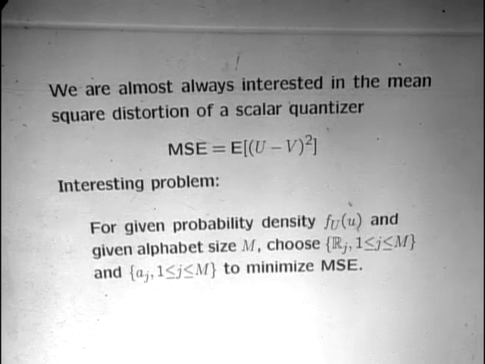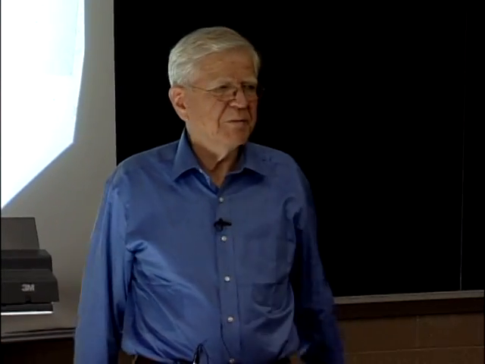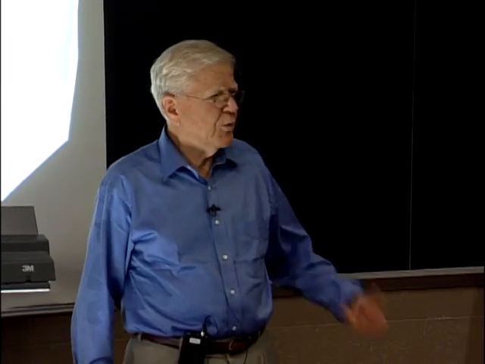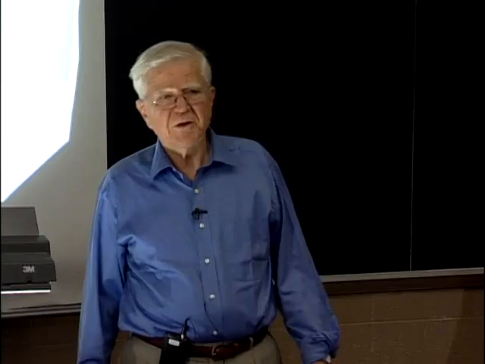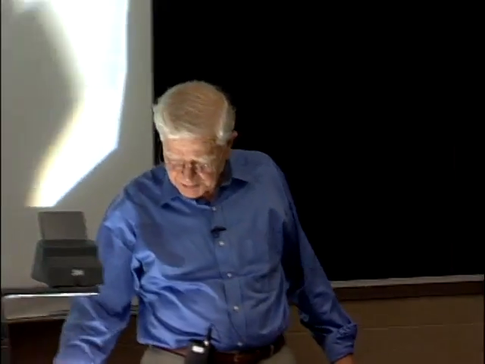Okay, so in other words, we've taken a big sort of messy amorphous engineering problem and we said, okay, we're going to deal with mean square error, and okay, we're going to deal with scalar quantizers, and okay, we're going to fix a number of quantization levels. So we've made all those choices to start with.